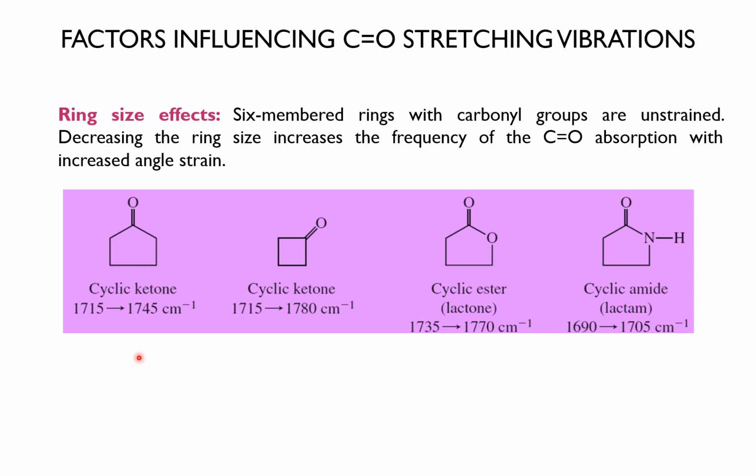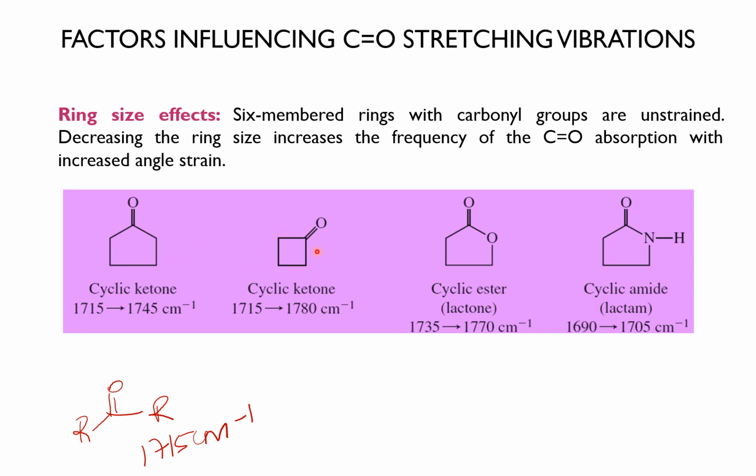So as I said, when we have a simple aliphatic ketone, the value is 1715 centimeter inverse. But when that ketone becomes a part of a ring like cyclopentanone, the value increases to 1745 centimeter inverse. If we compare the ring size, cyclopentanone is a larger ring as compared to cyclobutanone.